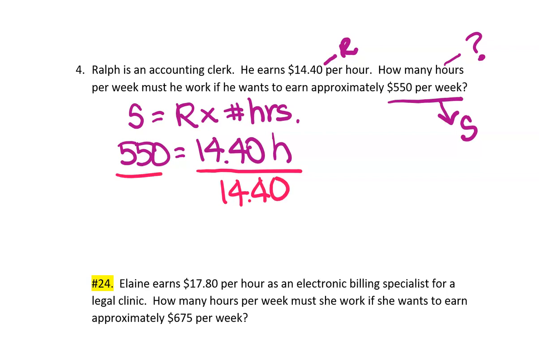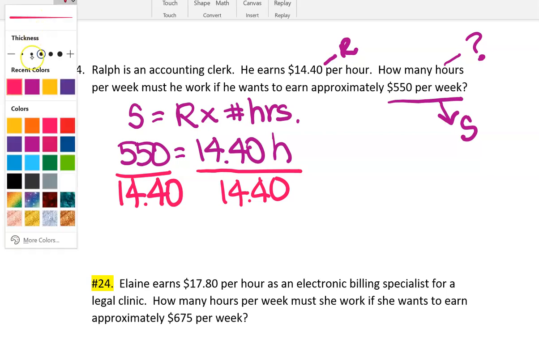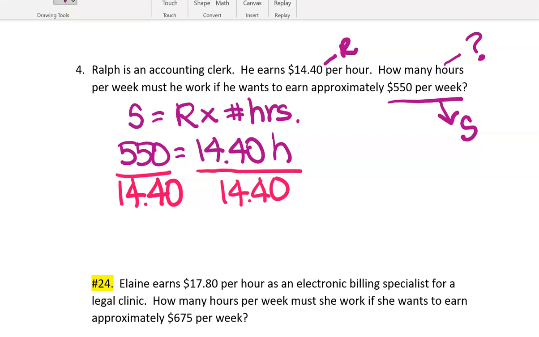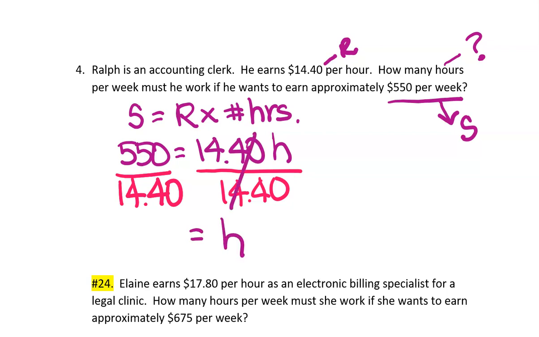Whatever side that letter is on, that's the part you need to get rid of. You need to get that letter by itself. So H would equal 550 divided by $14.40.